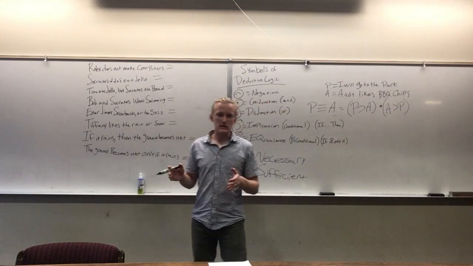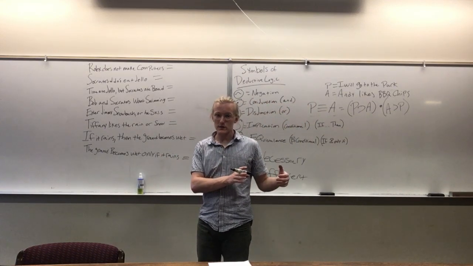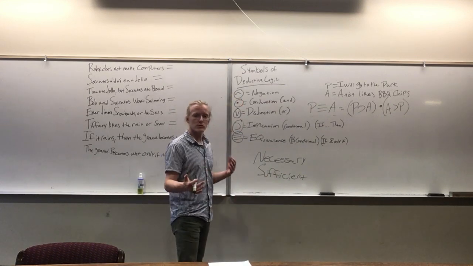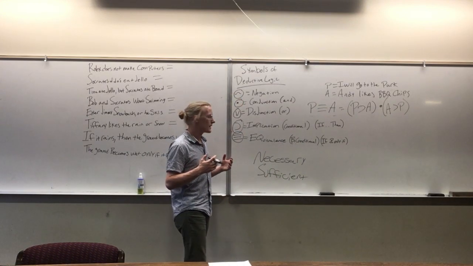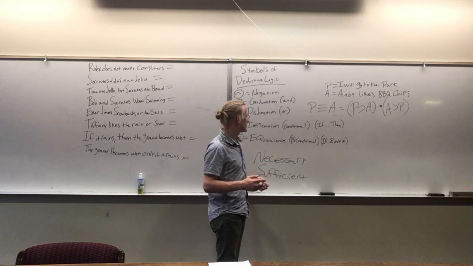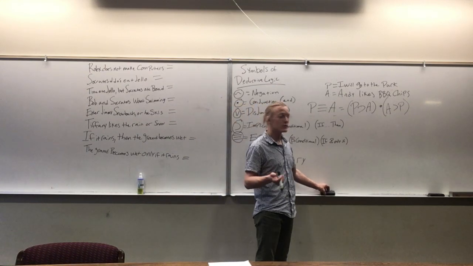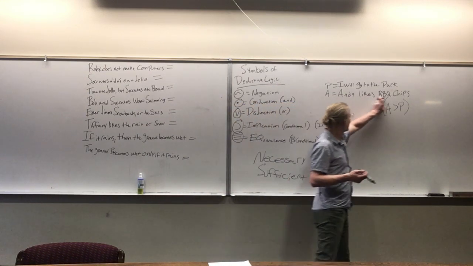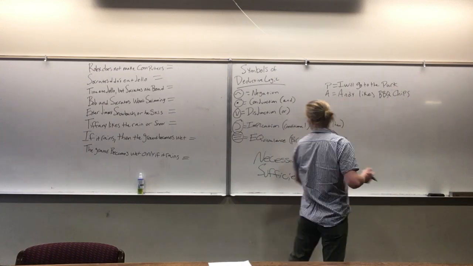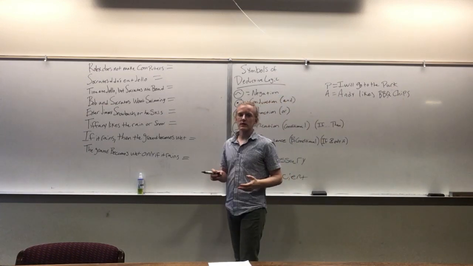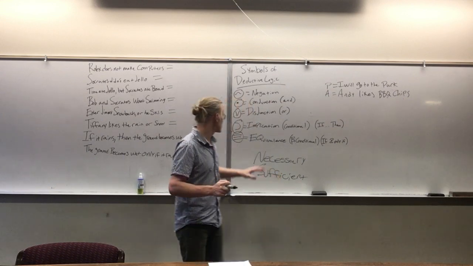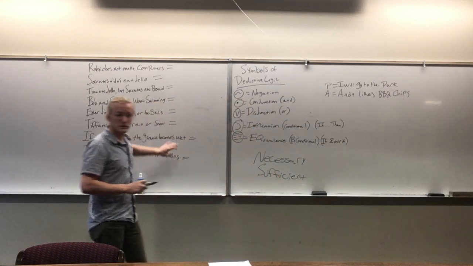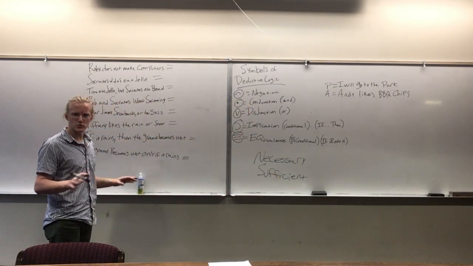That you don't get the one without the other, and you don't get the other without the first. So they both require each other, that they're necessary and sufficient for one another, or otherwise equivalent. Okay, so that is our set of symbols. Now let's go through some examples, and I put in some tricky ones here.